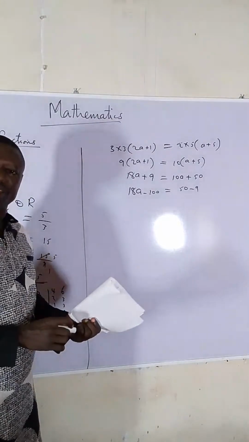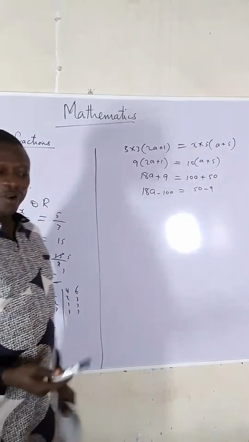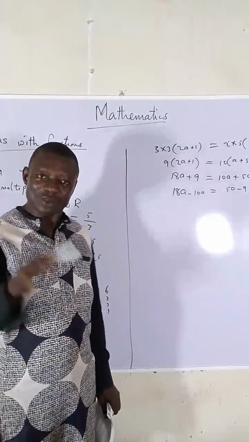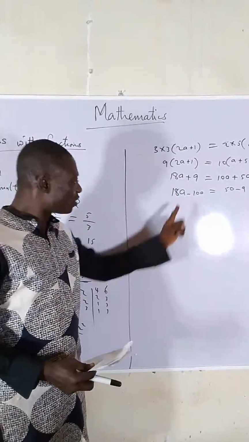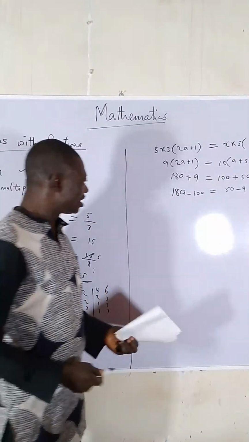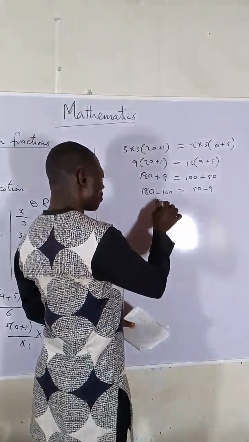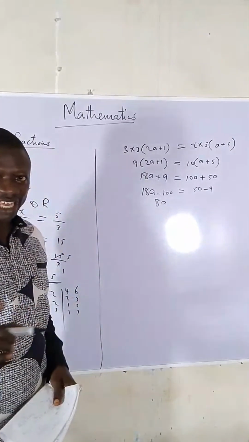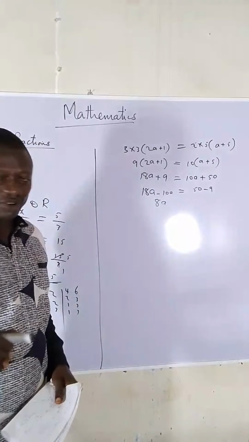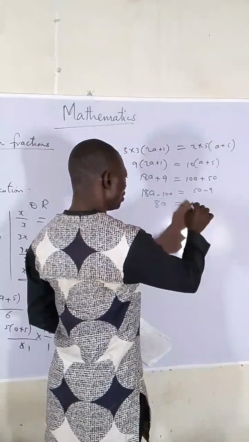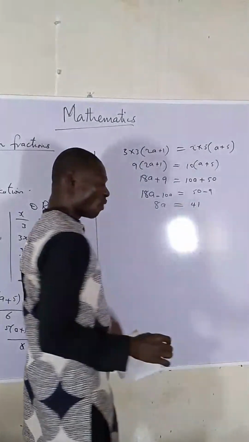Something is called A, whether it is apple, whether A represents books, whether A represents number of markers, whatever it represents. What is called A, 18 of it minus 10 of it, will actually give us 8 of it, and that is why we're going to have 8A here. Remember, A represents... 50 minus 9 will give us 41.